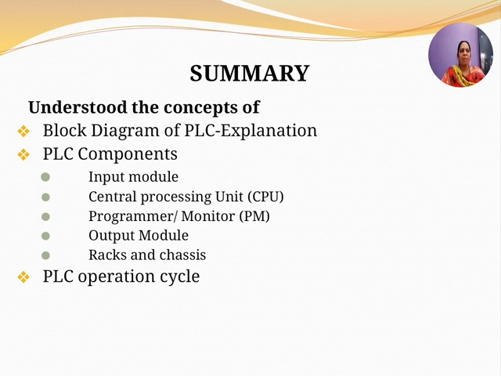Basically we have five important parts: the rack or the chassis, the power supply module, the central processing module, the input and output module, and the last one is your communication interface module. So these are the basic five parts in a PLC: the rack or the chassis, the power supply module, the central processing unit, then the input and output module, and the communication interface module.